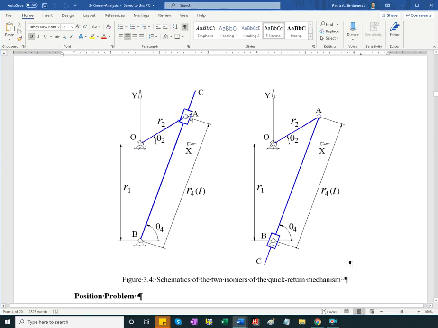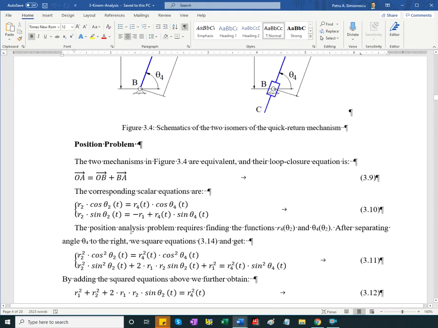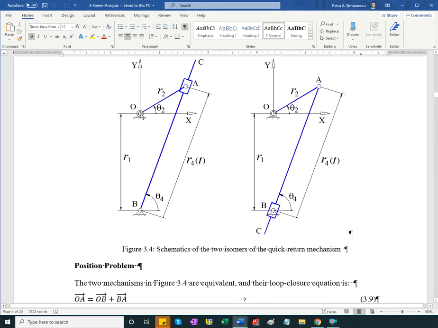So for position, we say OA equals OB plus BA, and we project. OB projects only on the y-axis, and depending on how we select it, we've got the arrow pointing down.